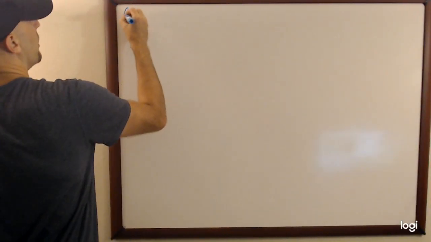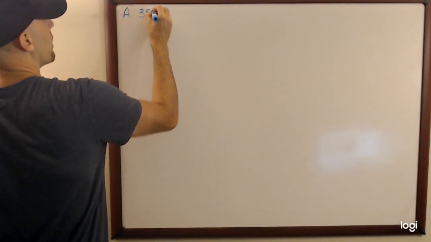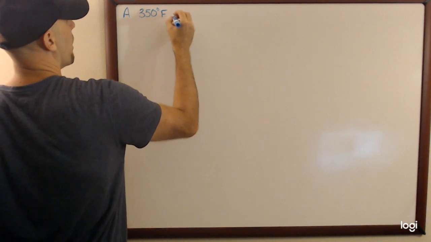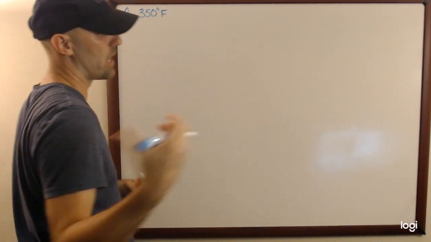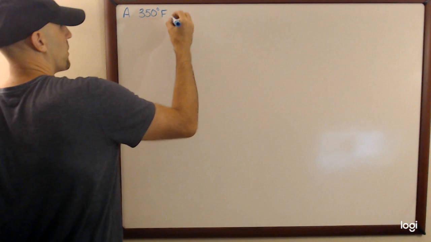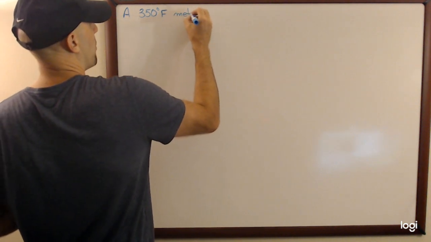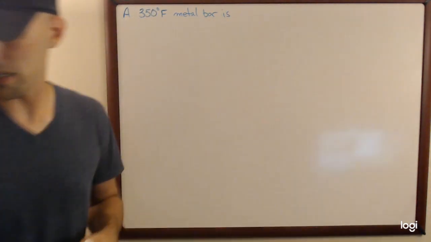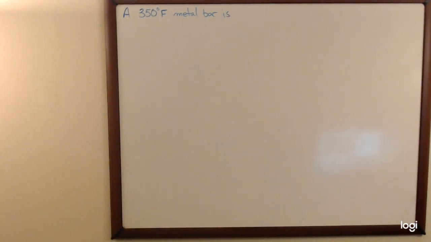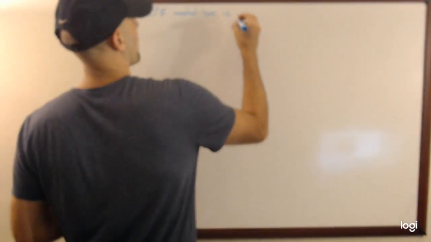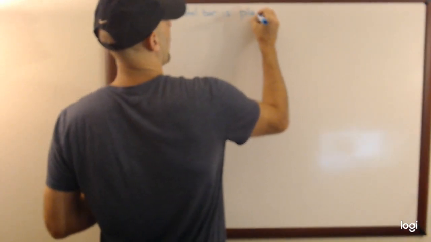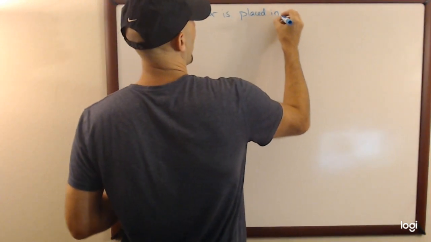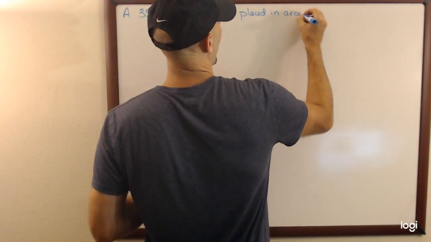The problem says a 350 degree Fahrenheit, I'm using the one out of your book. It's just not using the metric system for some reason. Okay, metal bar is placed in a room whose temperature is constant at 70 degrees Fahrenheit.